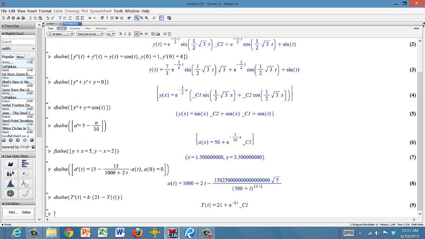There you go. So our solution is capital T equals 21 plus e to the minus kt times a constant.